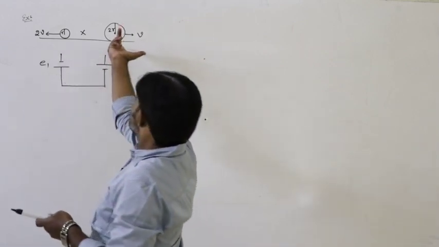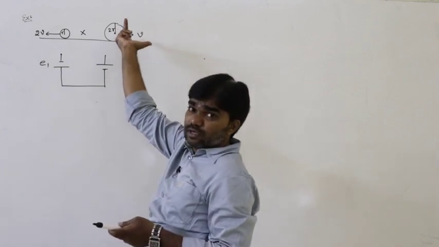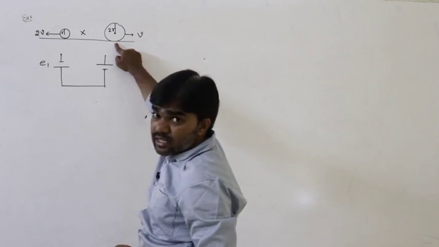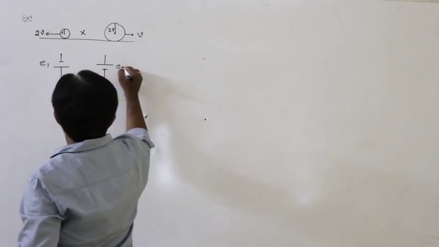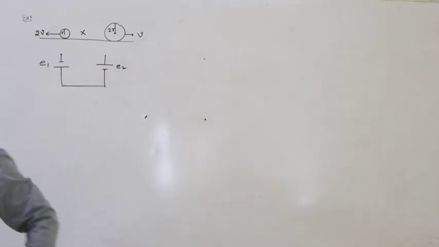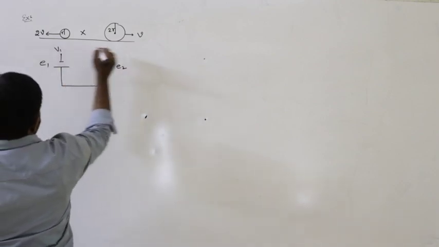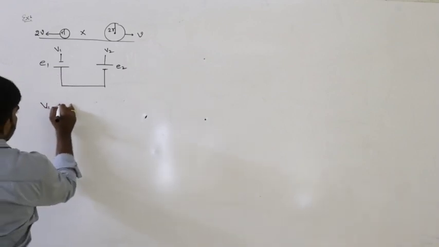Here the central finger shows the upward direction. That means the lower terminal is considered negative and the upper terminal positive. So these are E1 and E2, the EMFs. Let the potential difference be V1 minus V2.